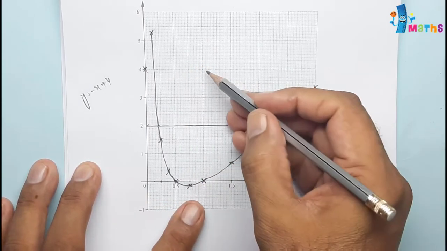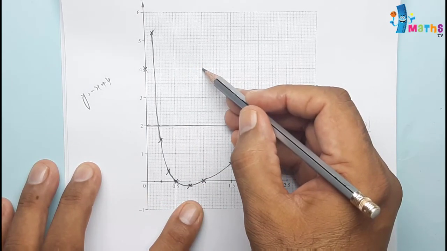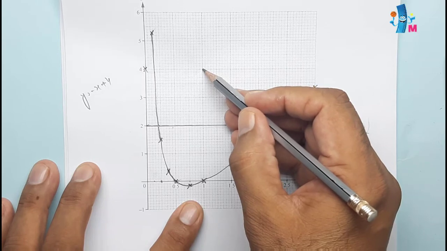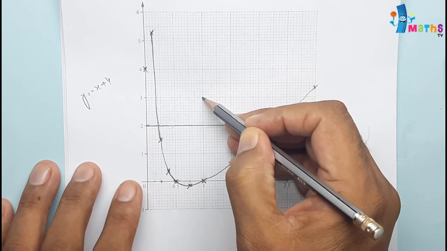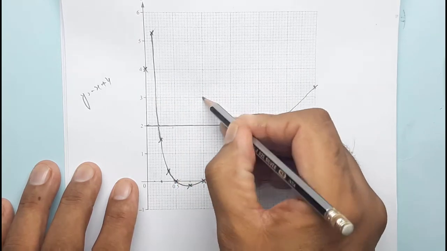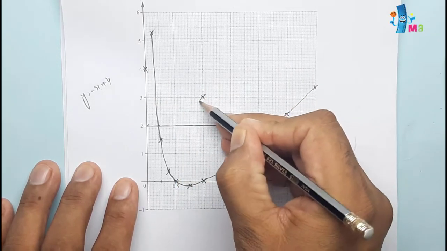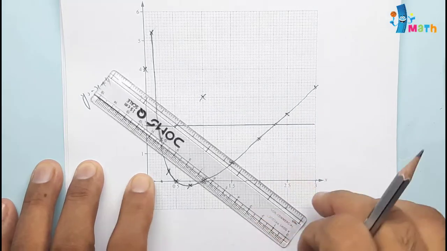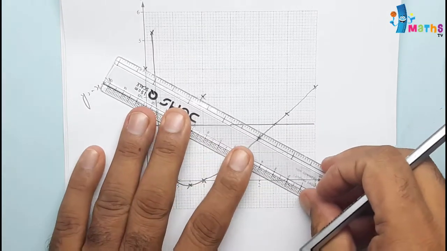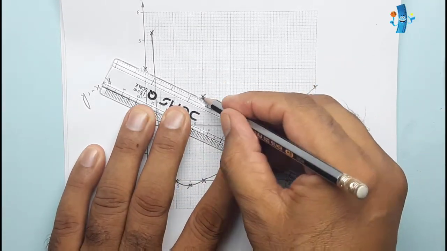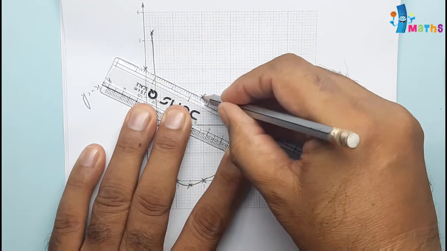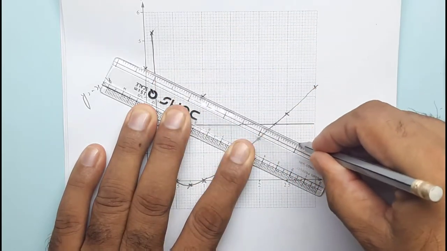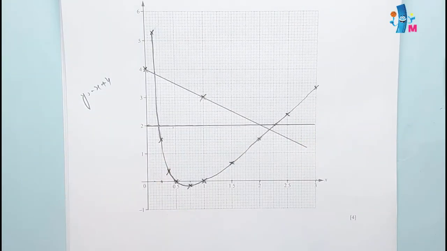So 1 on this side and 1 down will be this one. So we'll get this point, and we can draw this straight line. This is the straight line which we have drawn.